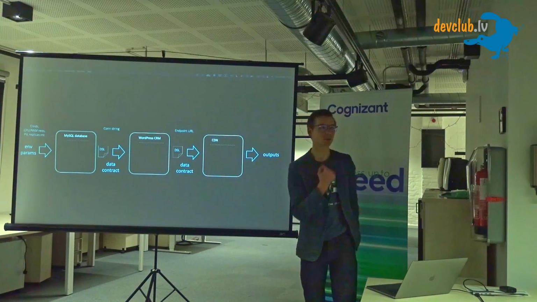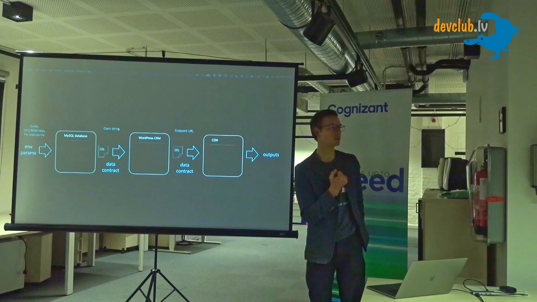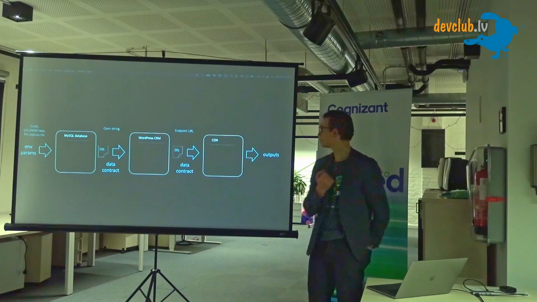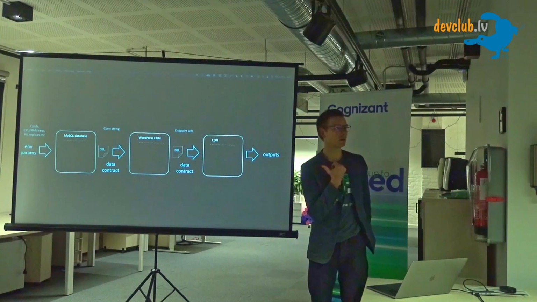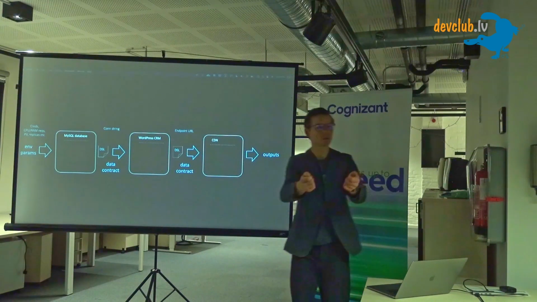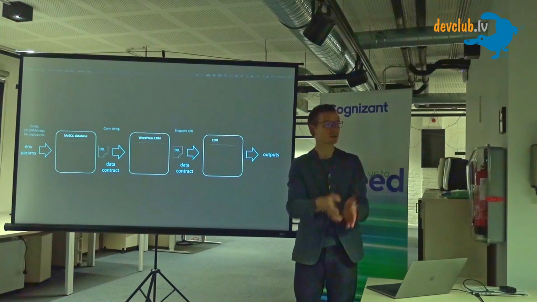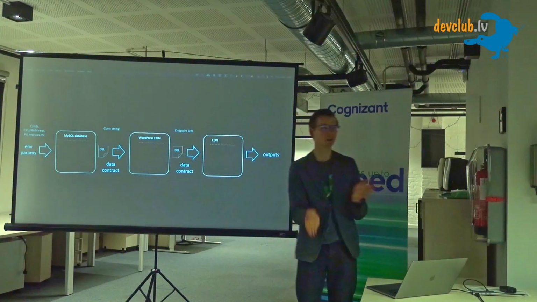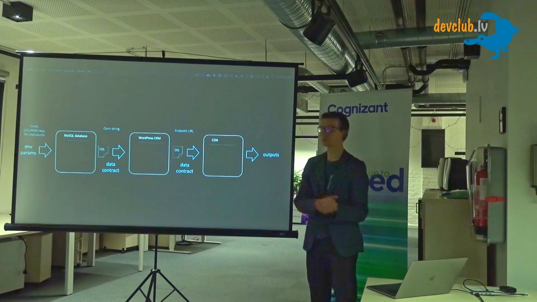Then it will read outputs, for example, the MySQL connection string, and pass it to the WordPress application to say, hey, you have a dependency on the database, I brought it for you. Just take this connection string, and now you know how to configure your data source. Then just do your deployment.